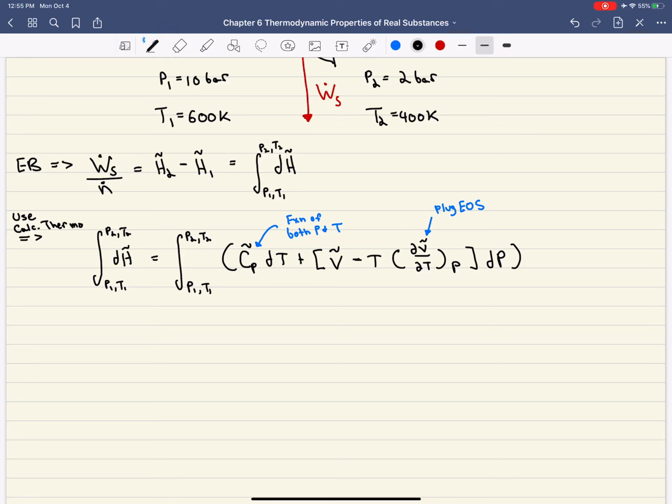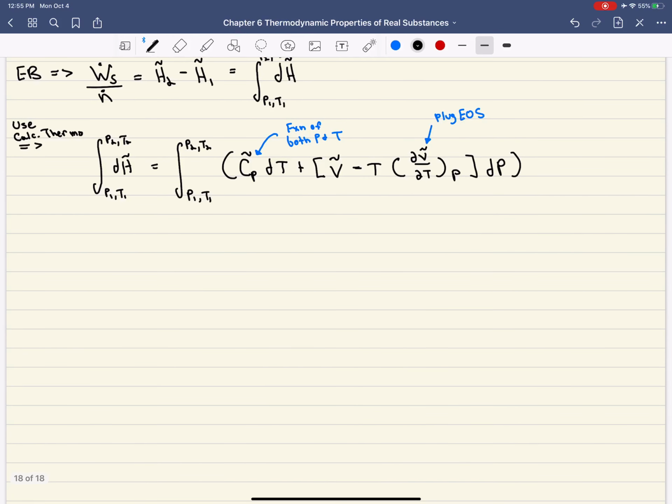There are a couple of different ways of accounting for this complexity. One possible approach is based on what I talked about in the last video, where we describe the molar heat capacity as the sum of our ideal gas heat capacity minus a term that accounts for non-idealities. The ideal gas heat capacity is a function of only temperature, and it occurs when pressure goes to 0.